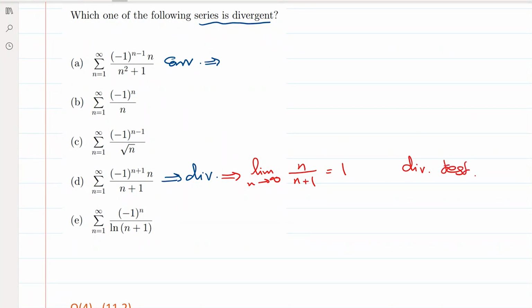See, guys, this is very important. If you use the divergence test, for any series to converge, the limit should go to 0. In this case, it goes to 1 and 1 is not 0. So directly it diverges, because the limit should go to 0.